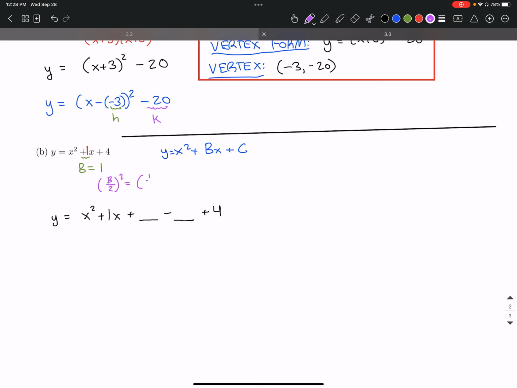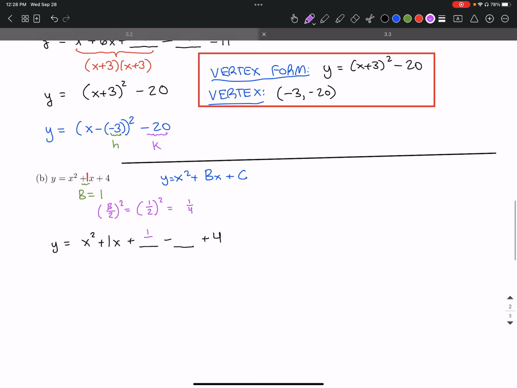In this case, this is going to give me (1/2) squared, or 1/4. So I'm both going to add and subtract 1/4 from x squared plus 1x, and we will take it from there.